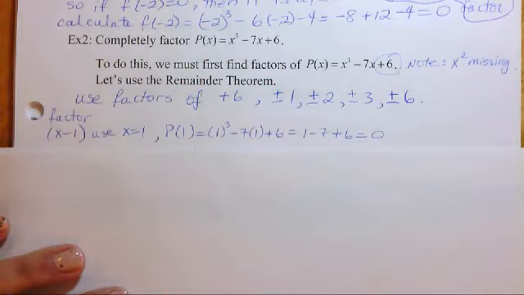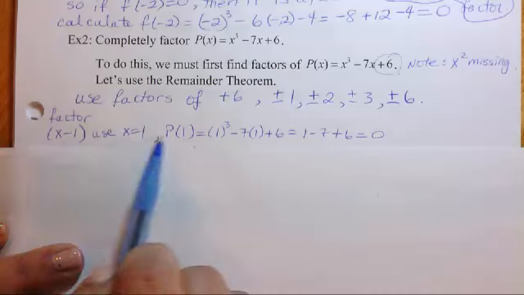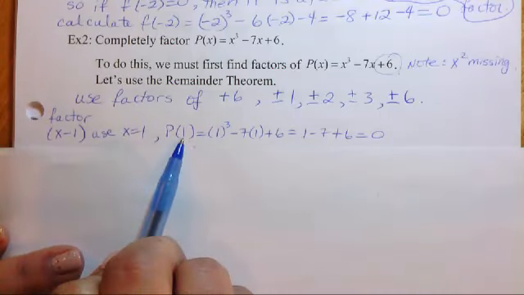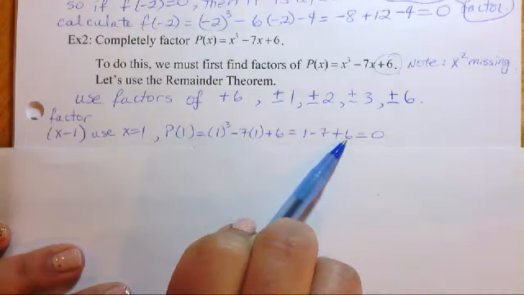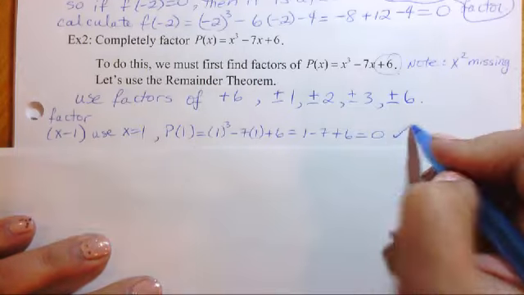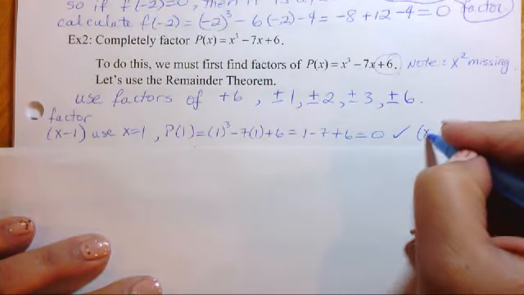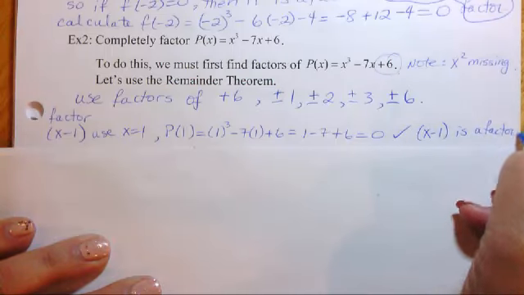So let's start with the factor x minus 1. We're going to use x equals 1, and in p of x, we're going to plug in the 1 wherever you see the x, and we see the result is 0 for this one. Since it's 0, x minus 1 is a factor.